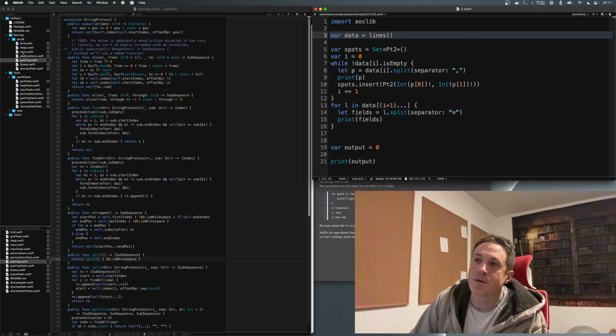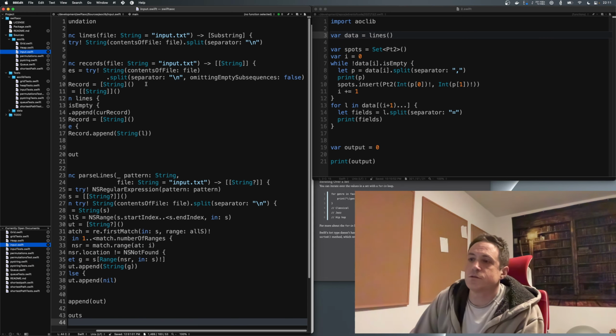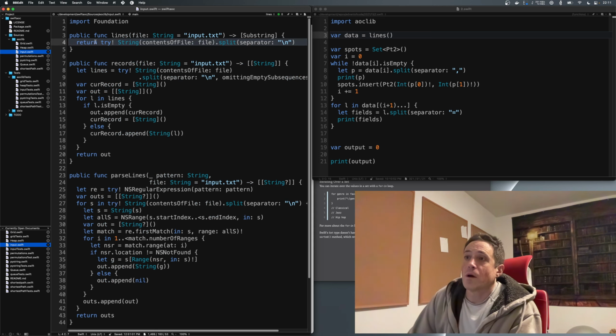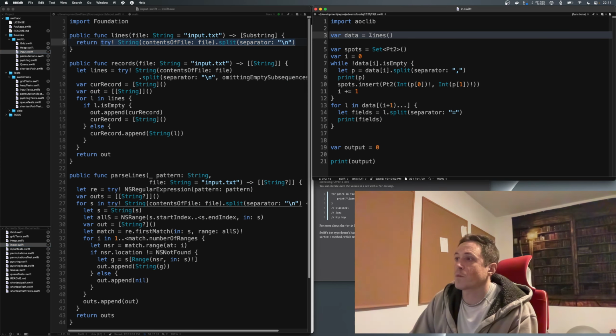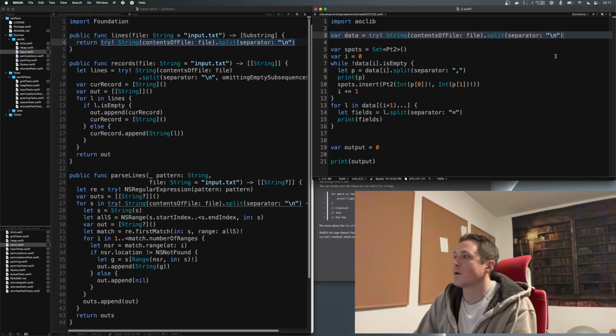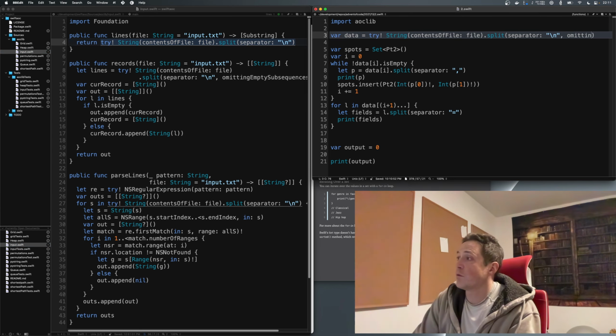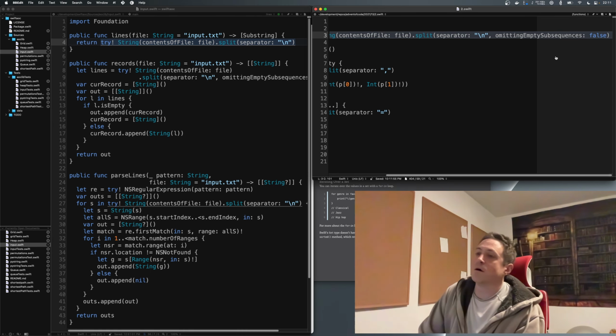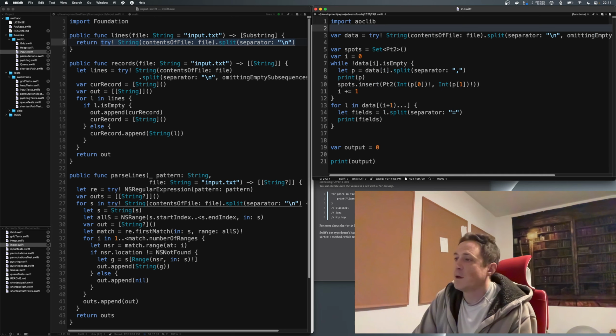Oh, this stupid thing. Omitting empty subsequences. And then what did I say? What is this? While. Okay.